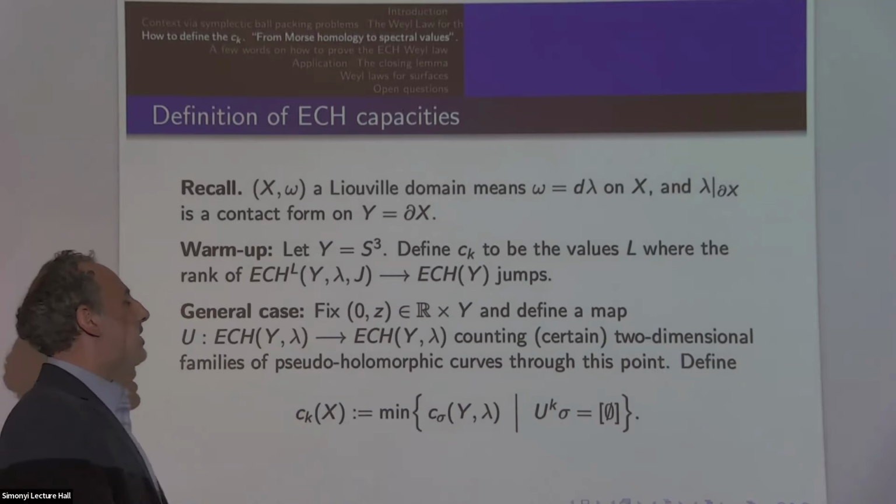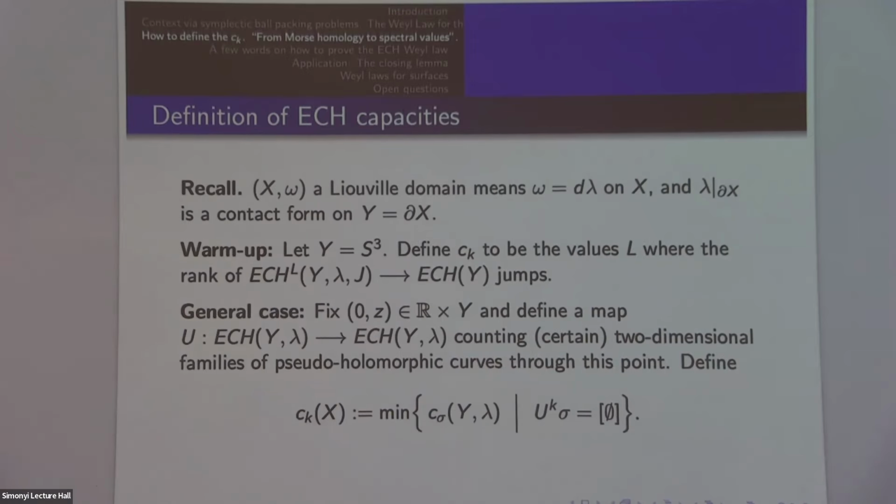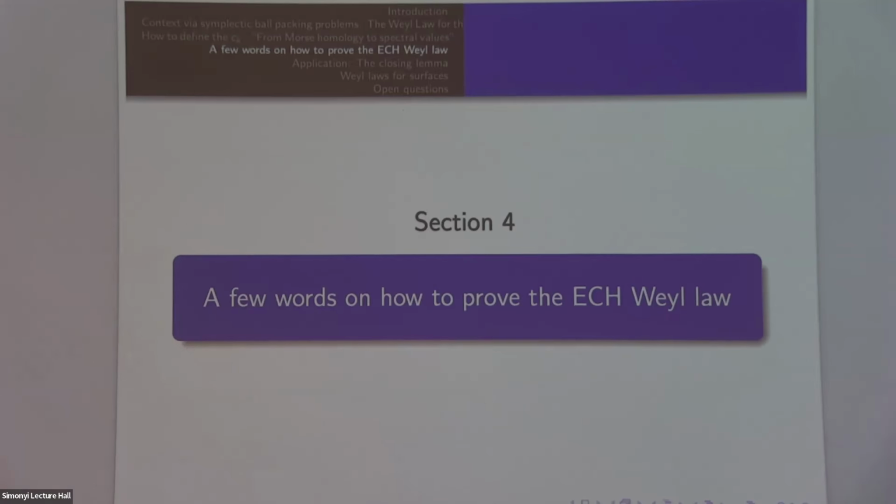I can look at classes such that U^k is equal to the empty set. I can take the minimum spectral value of such a class, and that gives me the numbers in the general case. And then these formulas I was talking about for disjoint unions fall out from these two facts just algebraically. Okay, so now what?